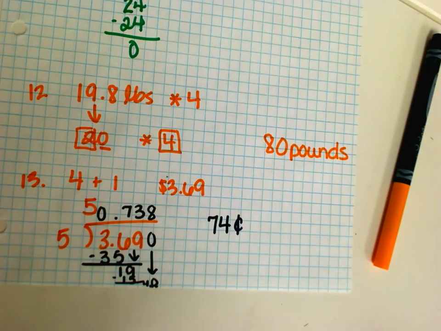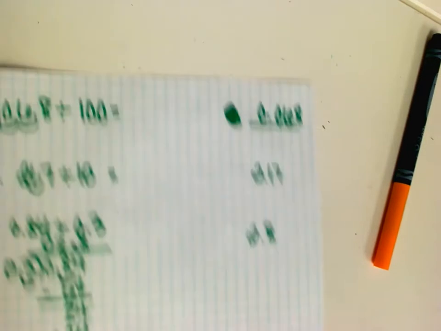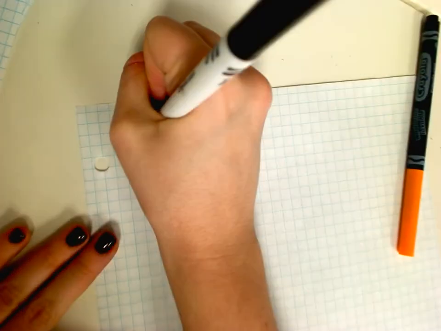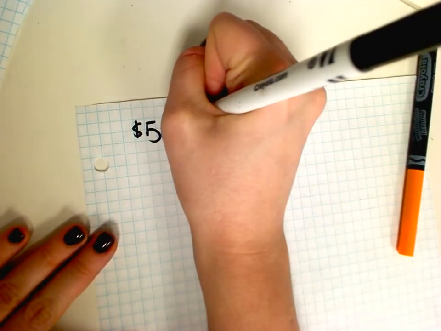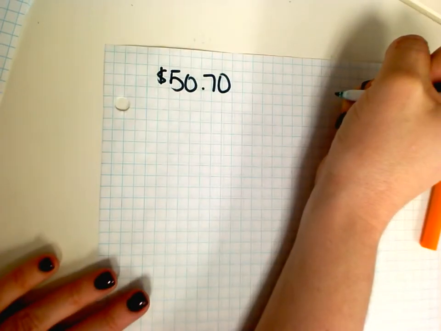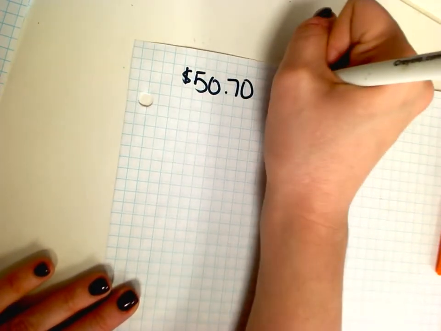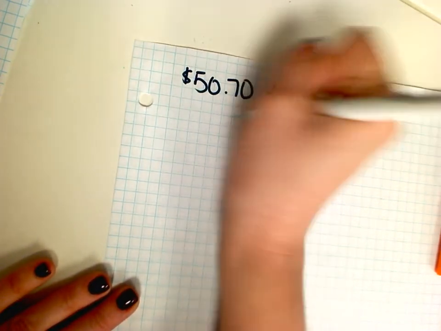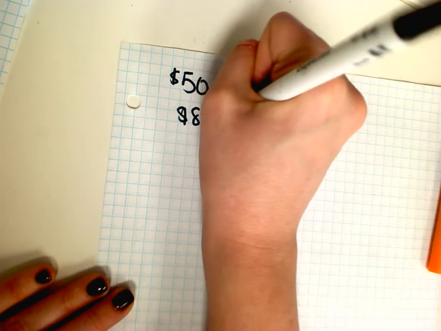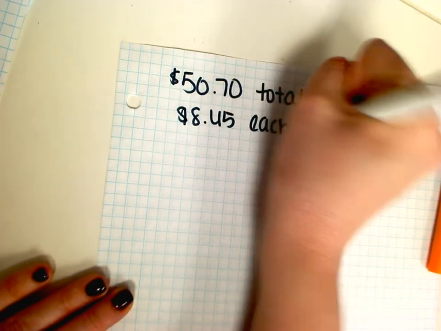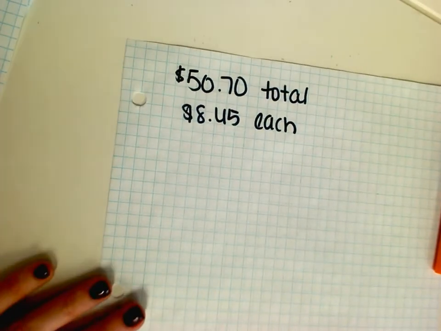All right, and we have one more to do. Mac earned $50.70 mowing lawns. If he earned $8.45 for each lawn he mowed, how many lawns did he mow?